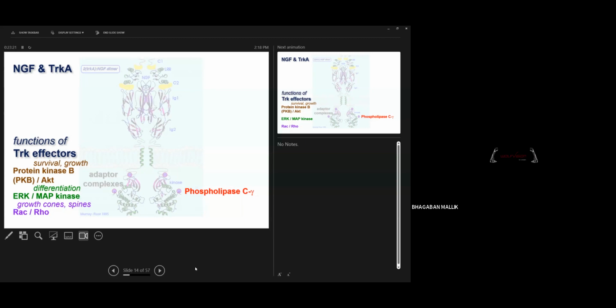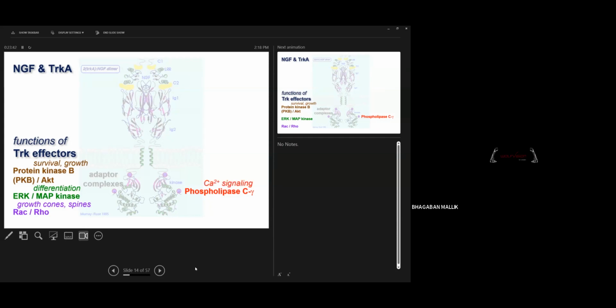And for the differentiation, you need activation of ERK and MAP kinase. And for growth cone collapse, you have activation of RHO. Okay, so that is how the neurotrophins can actually regulate cell differentiation, cell survival, and also growth cone collapse.